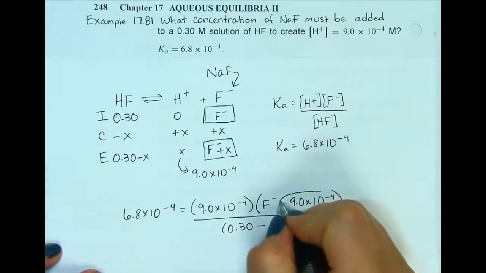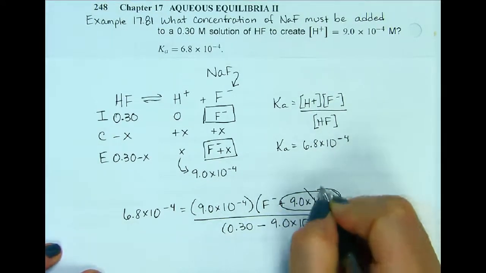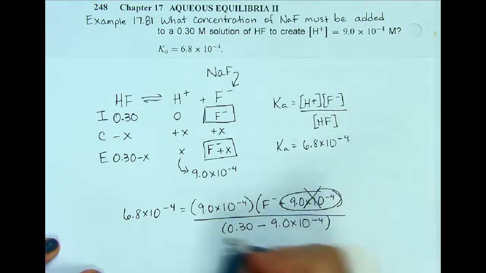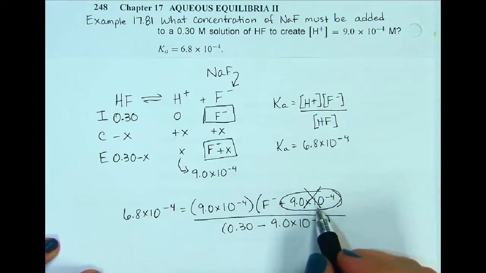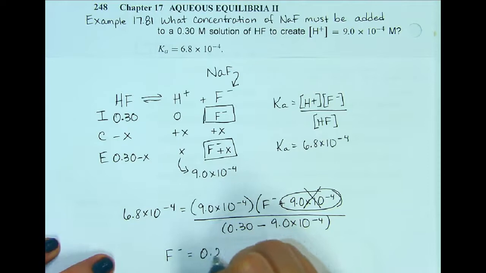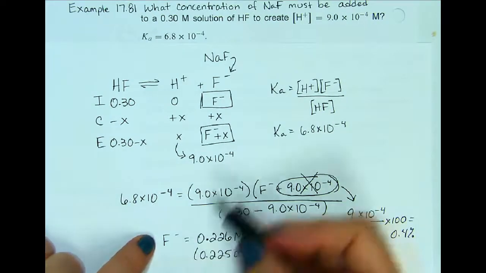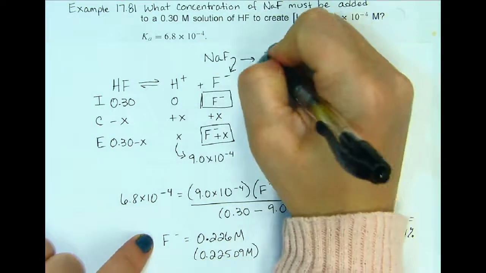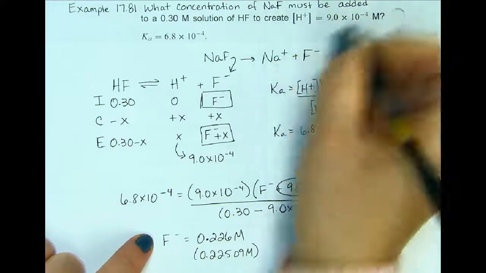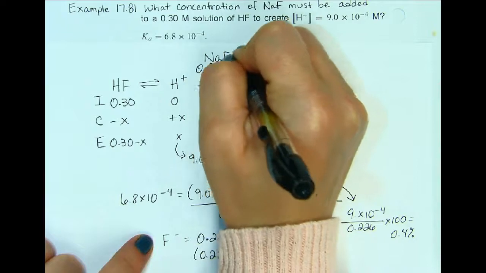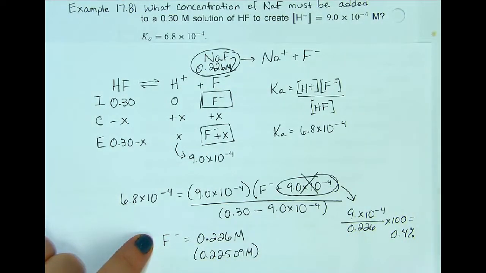We can do an approximation where we do not include this term here, and so when I solve this equation, ignoring this term, I get a fluoride concentration of 0.226 molar. And because there is a 1-to-1 ratio between fluoride and sodium fluoride, we know that we started out with 0.226 molar of sodium fluoride in this system.